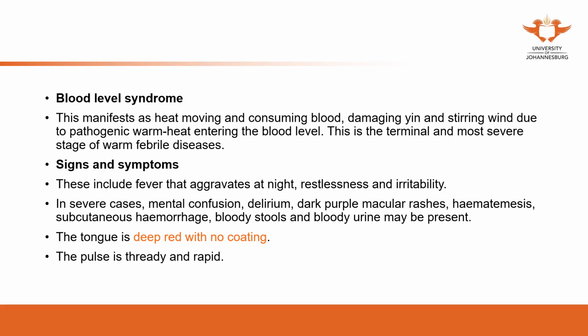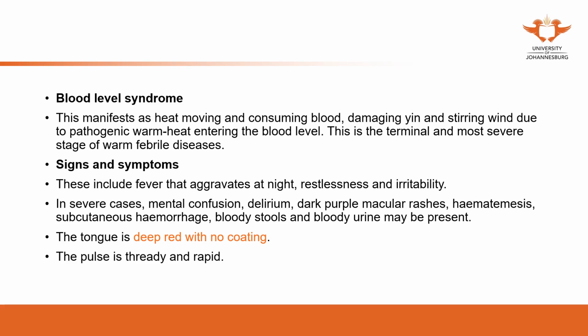So for these two, the Ying level and the blood level, the tongue will be deep red with no coating. And then how can you distinguish the Ying level from the blood level, since they have similar manifestations on the tongue?